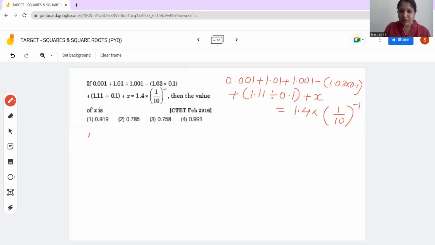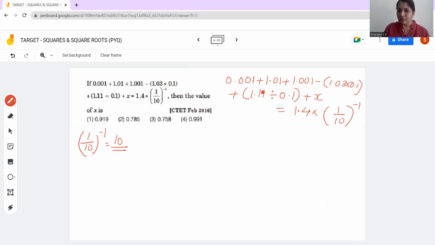See everyone, 1 by 10 the whole power minus 1 is a negative exponent. How will that change into a positive exponent? Take the reciprocal, so automatically the power will become opposite in sign. That is, 1 by 10 the whole power minus 1 is 10 to the power 1. So that is 10 itself.